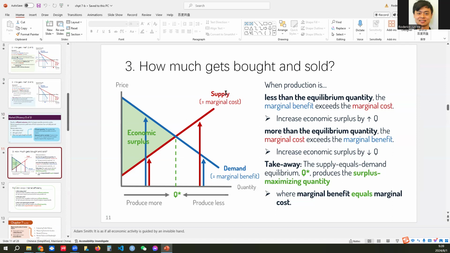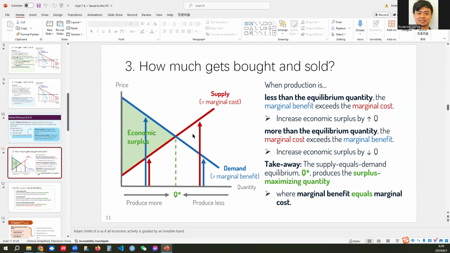Again, just to remind, the supply curve also represents marginal cost and the demand curve also represents marginal benefit. So to the left of the market equilibrium point, that's where the marginal benefit exceeds the marginal cost. So production will keep on until this equilibrium point where marginal benefit just equals marginal cost.